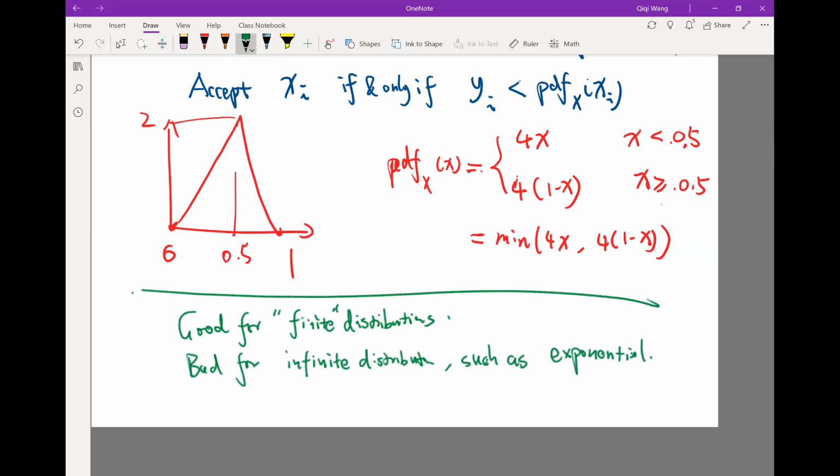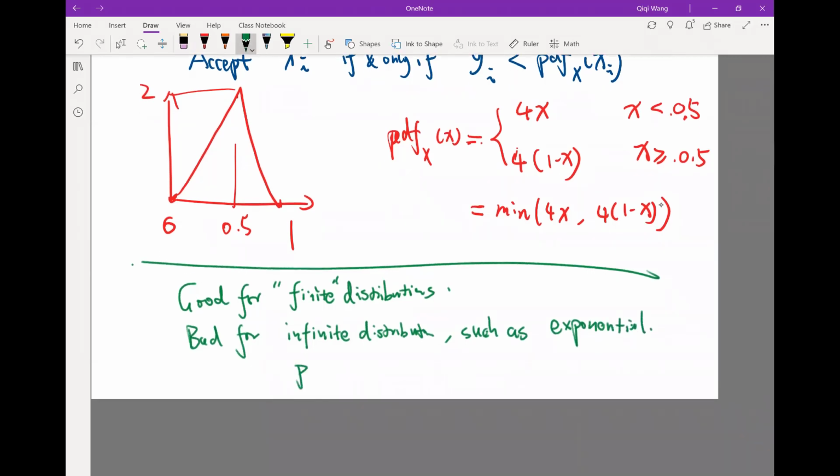right? An exponential distribution has a PDF of x that is proportional to e to the minus lambda x, right? And for this to integrate to 1, we need a 1 over lambda. So this is for x greater than 0.